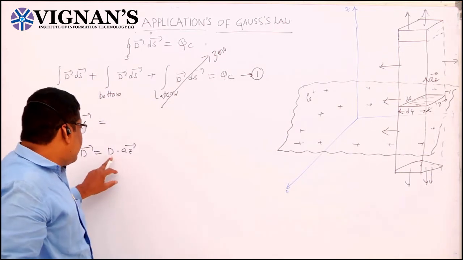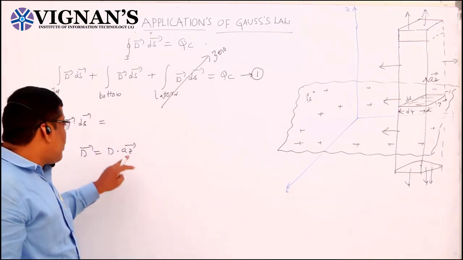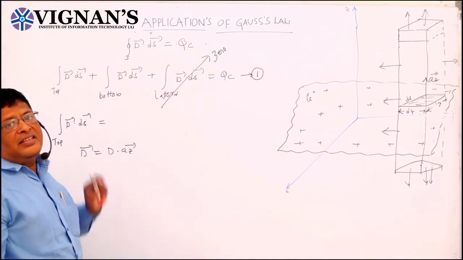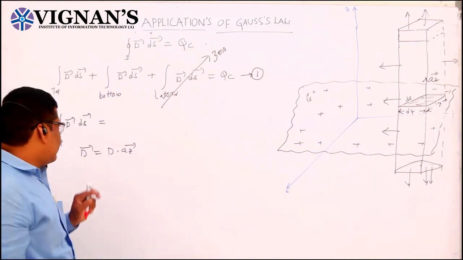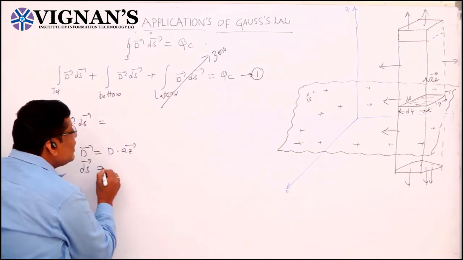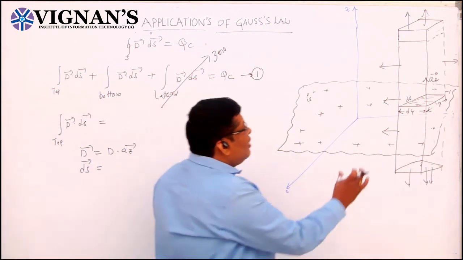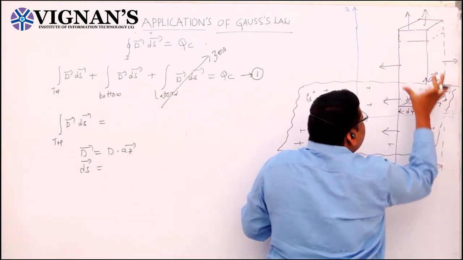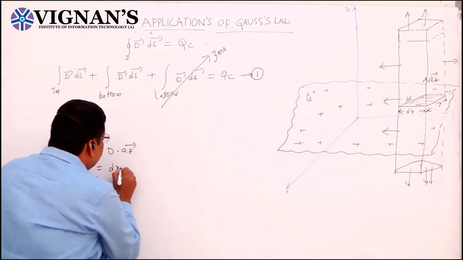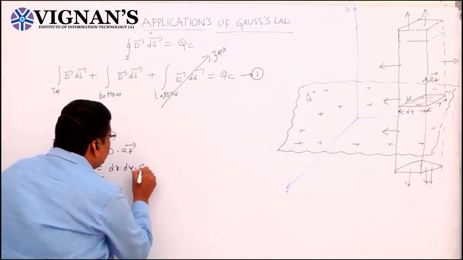Next, dS bar is the differential surface area, equal to dx into dy into az bar.